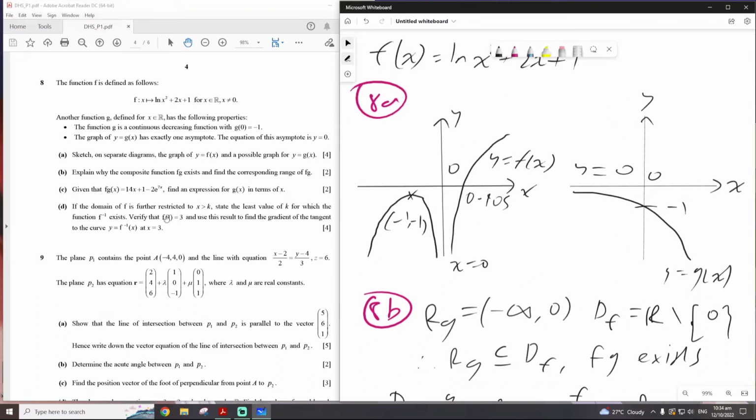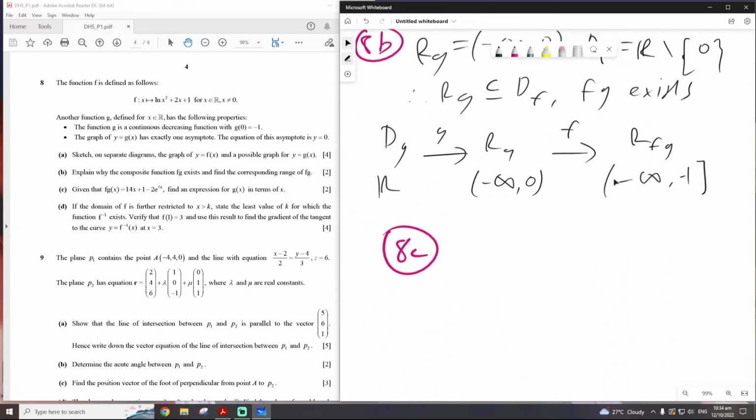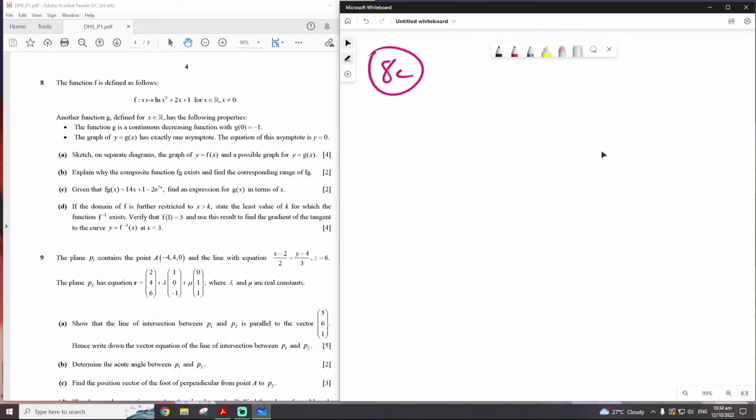We see that the composite function has a polynomial part and an exponential part. So this could look like an exponential function of some sort. If we put an exponential inside, we will get an exponential part as well as the linear part from here. So we guess and check an expression. Most likely g is some very basic e to the power of x kind of function. So let's just make a guess.